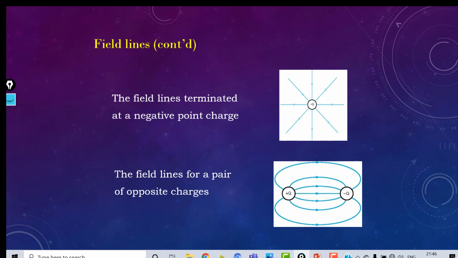This means the field lines are terminated at a negative point charge. The field lines for a pair of opposite charges are shown in the second figure. If two opposite charges are present like this, then field lines will diverge from the positive charge and they are collected at the negative charge. So the direction of the electric field is like this. This type of direction we are going to see when we study the electric dipole.